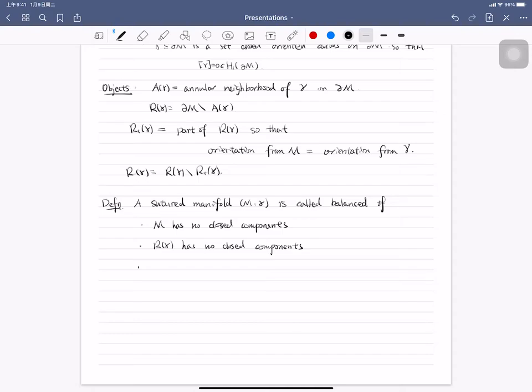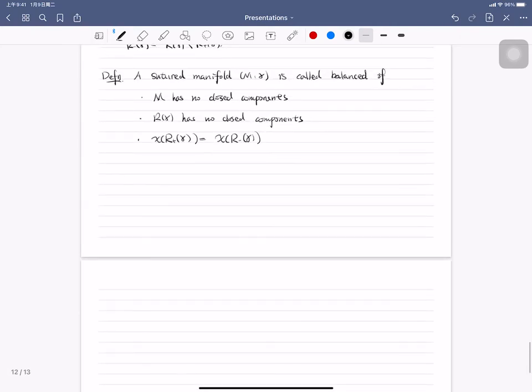And the third one is that we require the Euler characteristic of R plus to be the same as the Euler characteristic of R minus. The condition of being balanced is mainly the third condition, but the first and second conditions are also important.